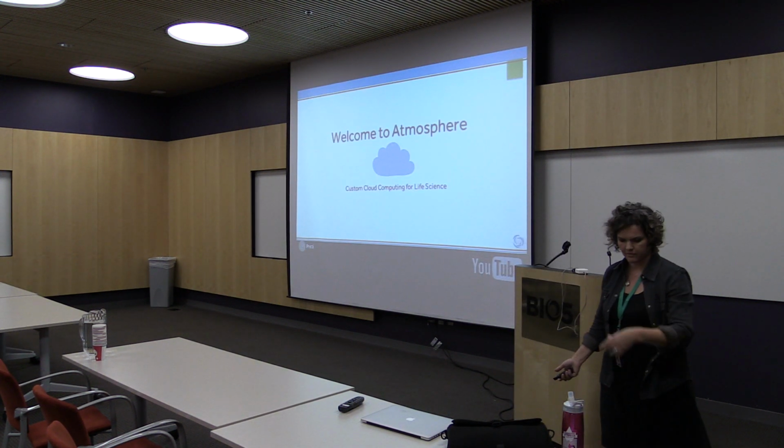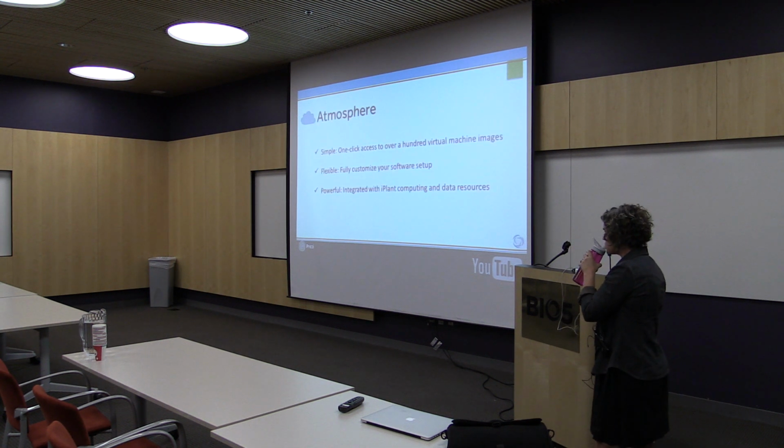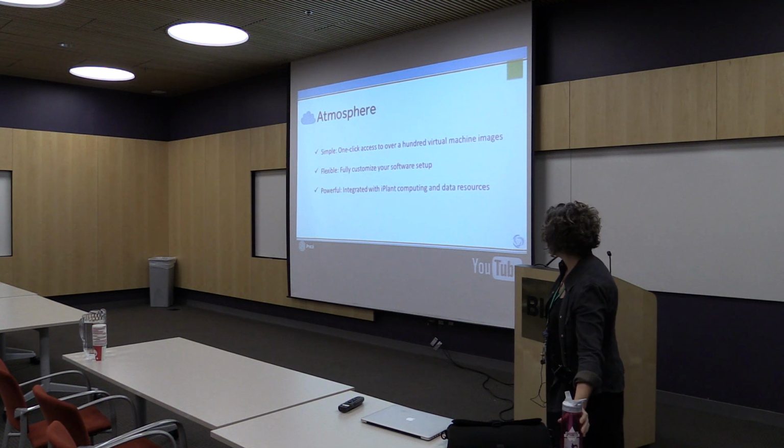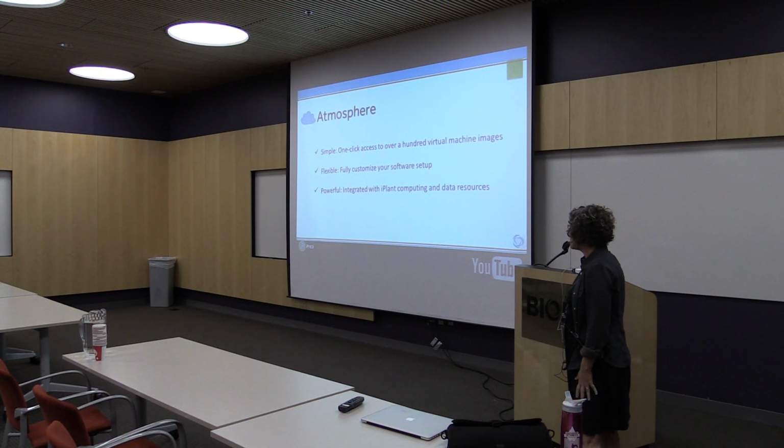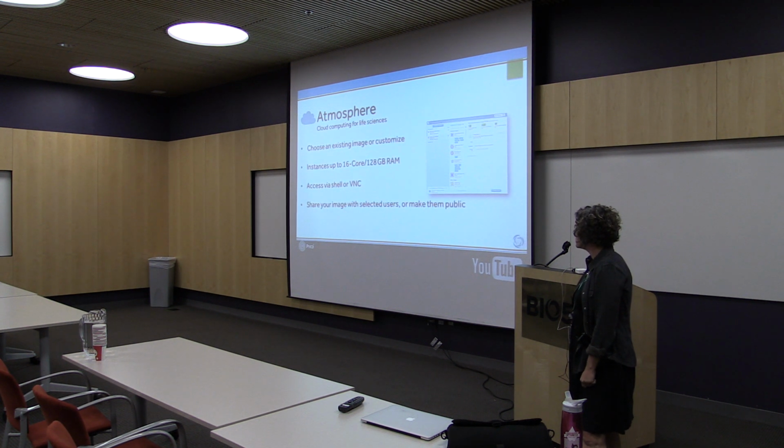Welcome to Atmosphere, custom cloud computing for life science. Atmosphere is a cloud computing service designed for life sciences. It's simple, one-click access to over 100 virtual machine images. It's flexible, fully customize your software setup, and Atmosphere is powerful. It's integrated with iPlant computing and data resources. With Atmosphere, you can choose an existing image or customize your own. Instances of up to 16 cores and 128 gigabytes of RAM are available.